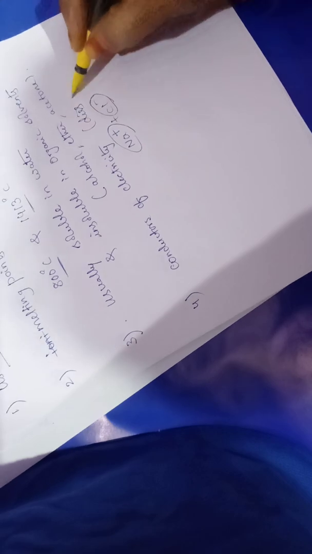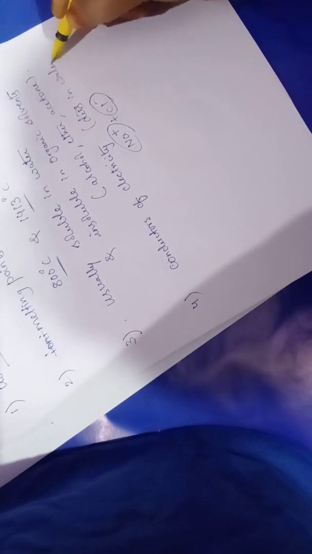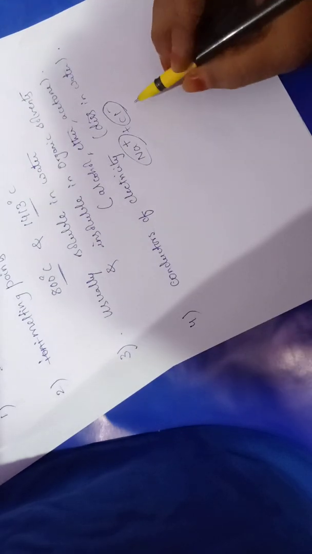Since all the ionic compounds have ions, but in solid state they cannot conduct electricity. When they are dissolved in water, only then can they dissociate into ions, and then only they will conduct the electricity. In dry solid state, they cannot conduct electricity. Clear, children? So these are the four main properties of ionic compounds.